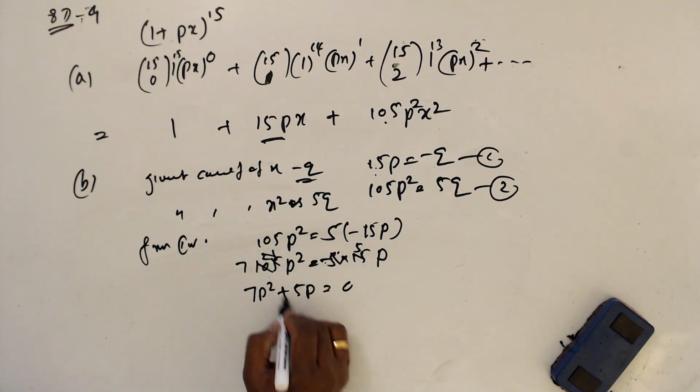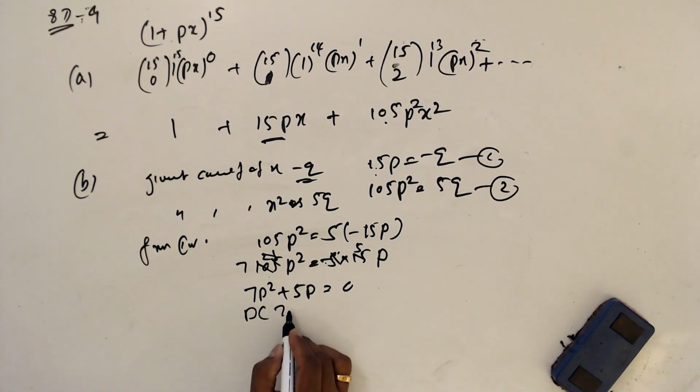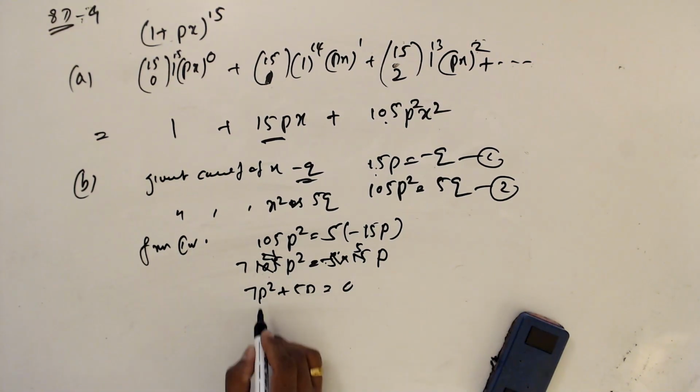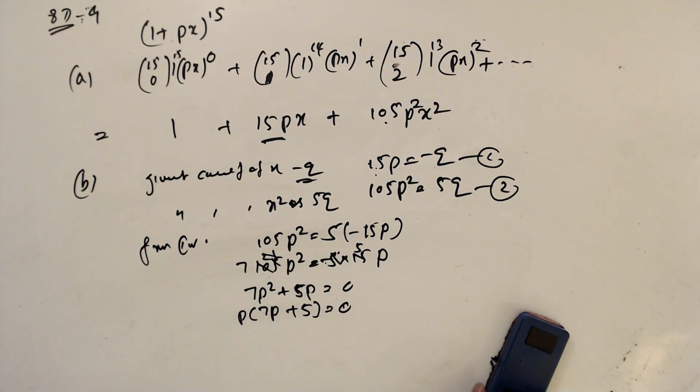This is actually plus p. So I'll take p out: when I take p out, the remaining is 7p, and when I take p out here, 5 equals 0.